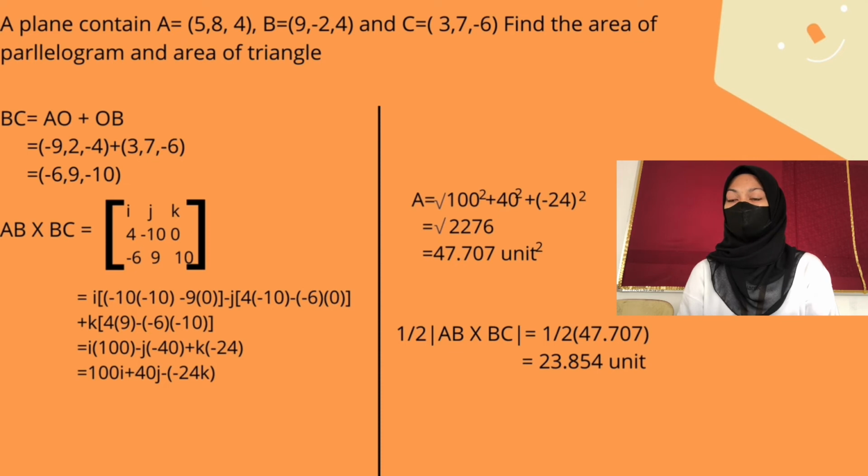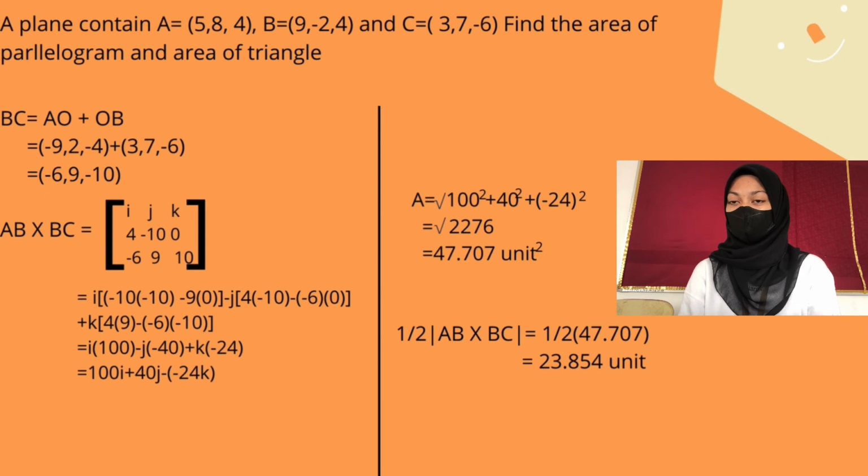The question gives us A equals (5, 8, 4), B equals (9, -2, 4), and C equals (3, 7, -6). Using the parallelogram method, the resultant vector can be determined by completing a parallelogram. The resultant vector is represented by the diagonal of the parallelogram, which is the vector from two adjacent sides. For example, AB equals AO plus OB.